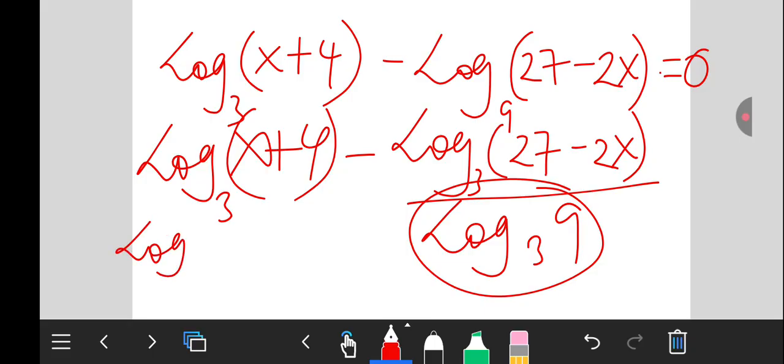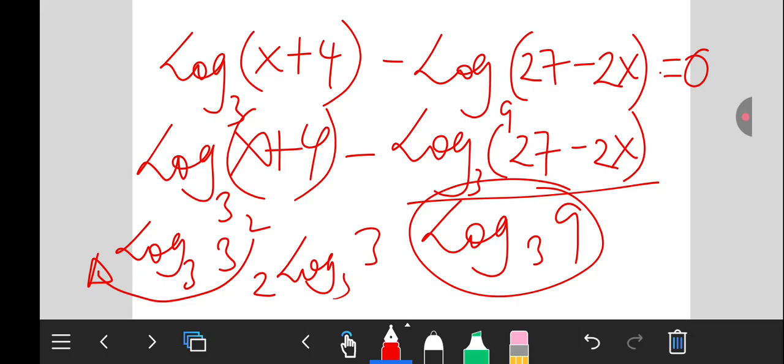So when you have log of 9 base 3, 9 can also be written as 3 square. So you can take this to this side. So it can be 2 log 3 base 3. And we said if the base and the log are the same, this is just 1. So you simply have 2 multiplied by 1, which is just 2. So that's what we have as the denominator there.